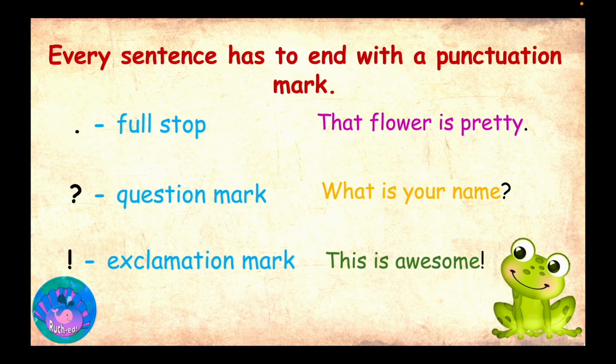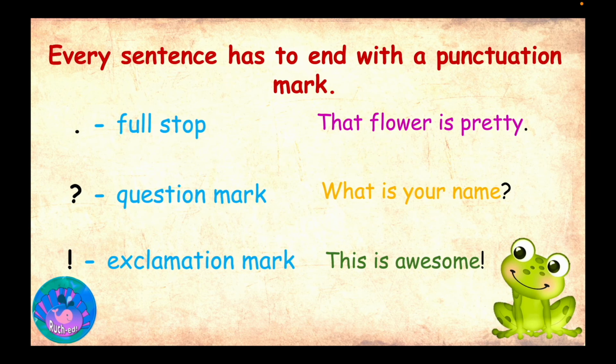We want it to be read with a lot of emotion, so we end it with an exclamation mark. So these punctuation marks actually tell the person reading the sentence how to read the sentence. Yes, indeed, Froggy, you are so smart. And we will learn more about punctuation marks in a later lesson.